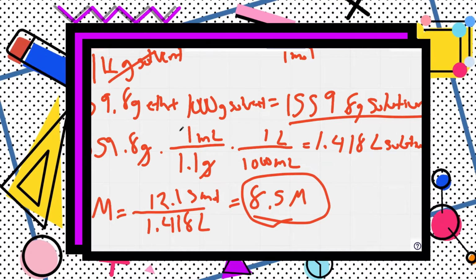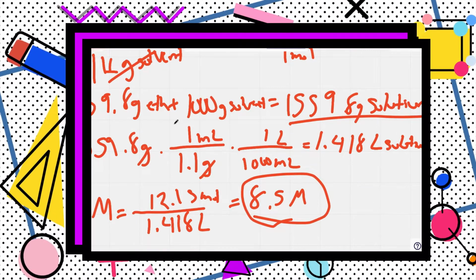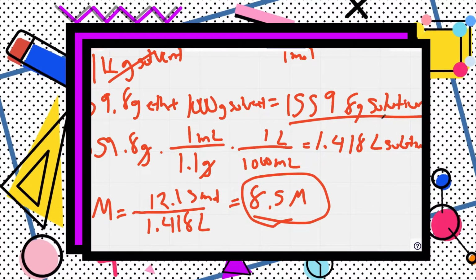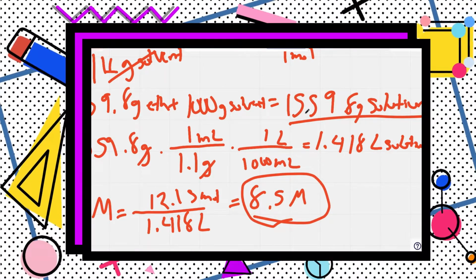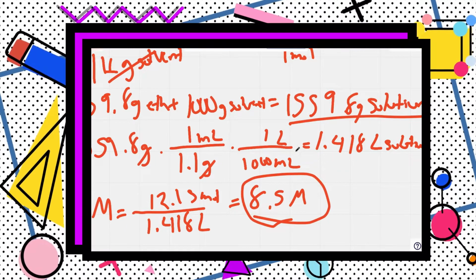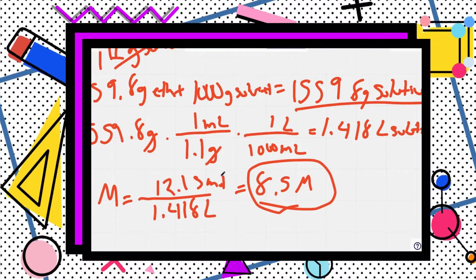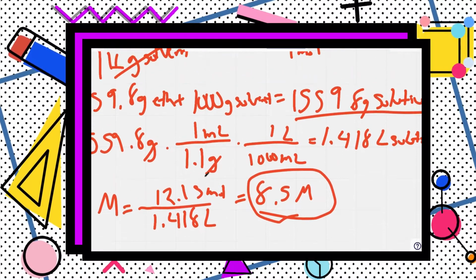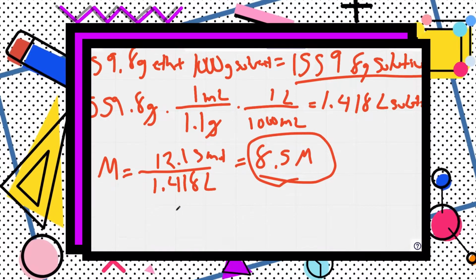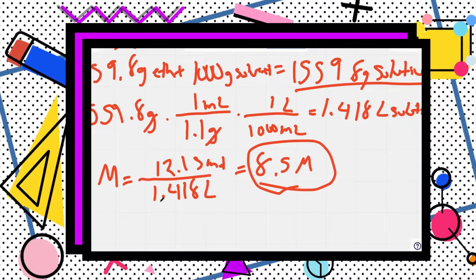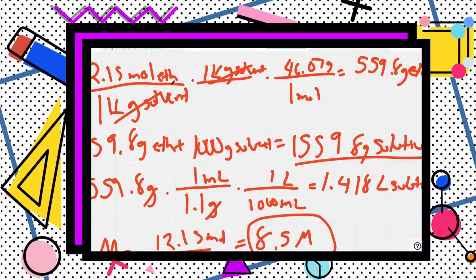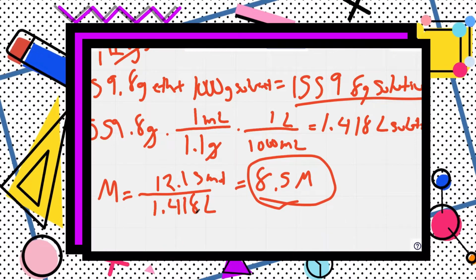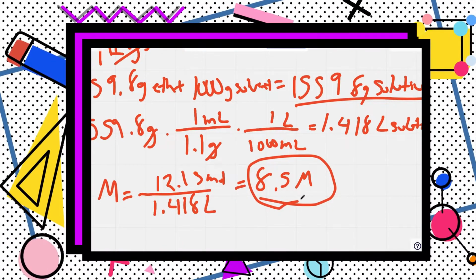And then I can add up my solute and solvent together to have my mass of solution, to where I can convert my mass of solution to my volume of solution using density. And once I have the liters of solution, we just plug it into our molarity equation, because we know the liters of solution and we already know the moles of the solute. Moles over liters, that's molarity, 8.5 molar.